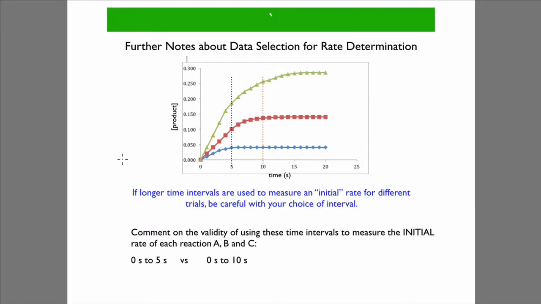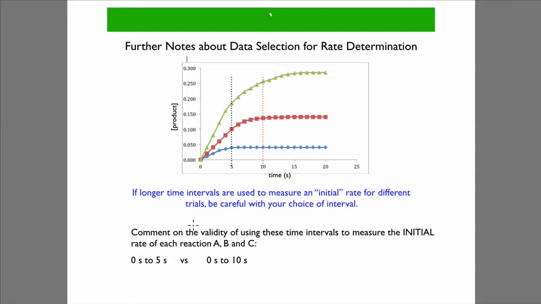Some more notes about data selection and rate determination. If longer time intervals are used to measure initial rate for different trials, be careful with your choice of interval. Let's have a think about this. I want to comment on the validity of using these time intervals to measure the initial rate of each reaction A, B, C. Let's say we're going to use 0 seconds to 5 seconds.